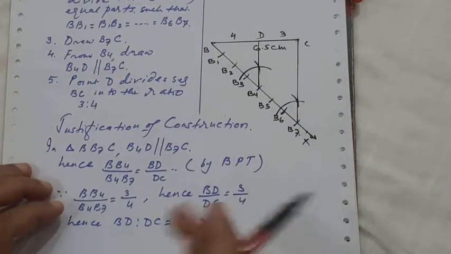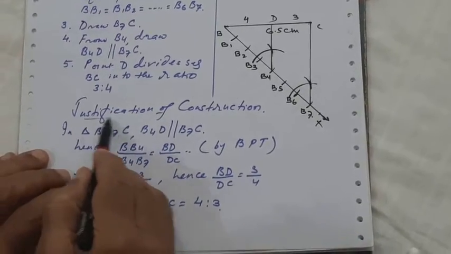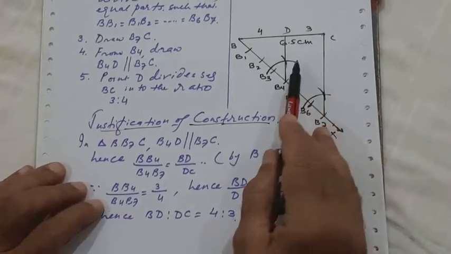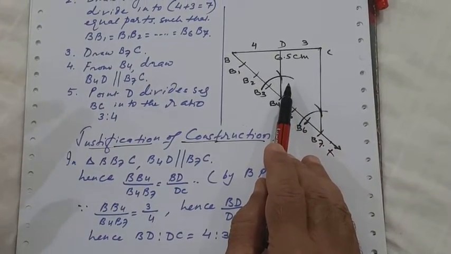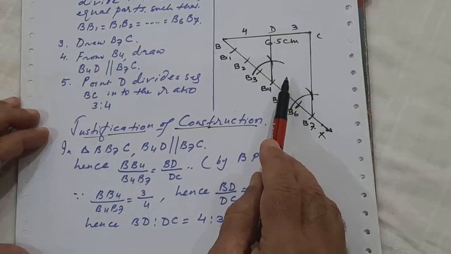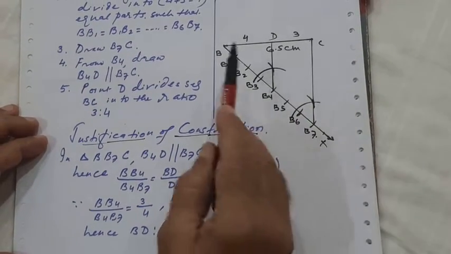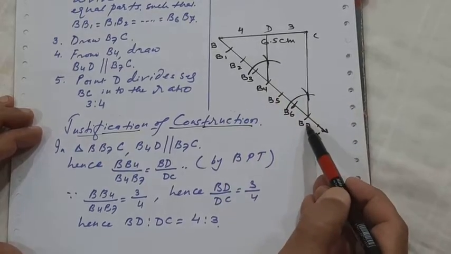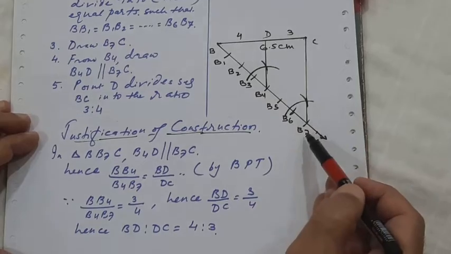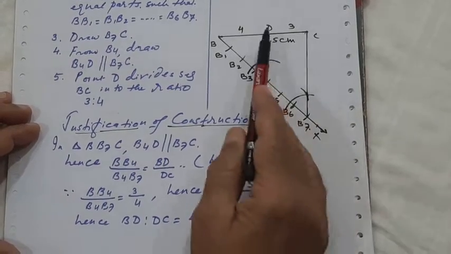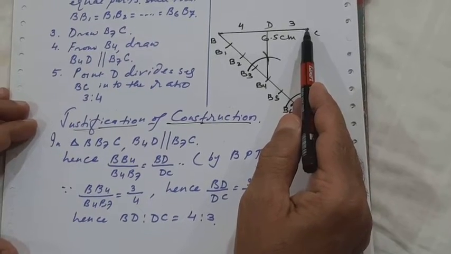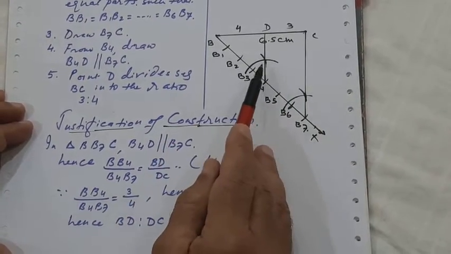Now what is the explanation behind it? This is the justification of the construction. Now observe this one. This property you may not be knowing. Later on I will explain you. This property is called BPT. Now this is a triangle BCB7. In triangle BCB7, B4D is parallel to B7C. So what happens?